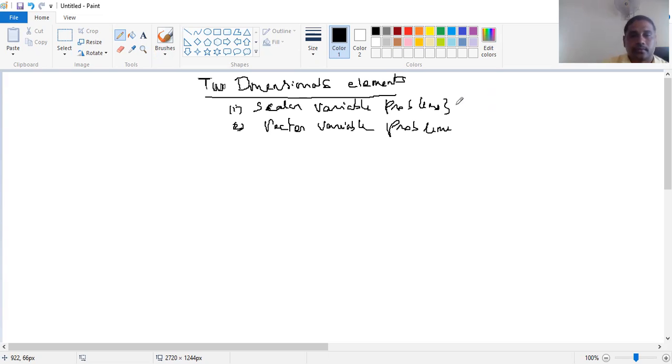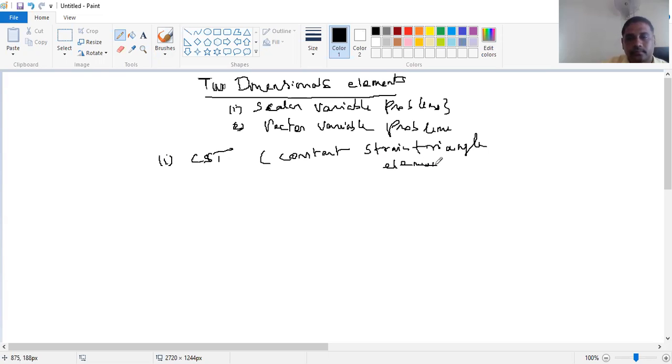primary unknown. So in both the cases, there are two different kinds of elements we're going to see. One is called the CST element, otherwise a constant strain triangle element, wherein the strain will be constant throughout its cross section.